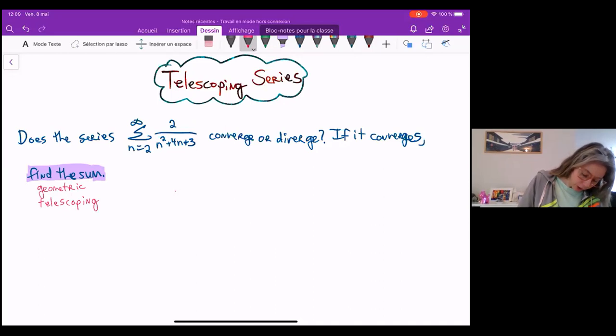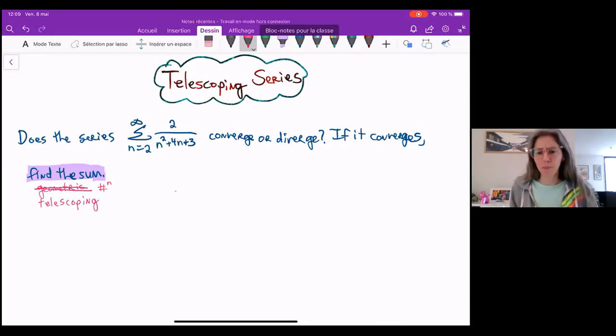Now this is clearly not geometric, because geometric is a number to the power of n. These are n's to the power of numbers, plus there are plus signs and constants, and well, the constants don't really matter, but this is clearly not a geometric series. So the fact that we're asked to find the sum in the case that it converges indicates that this might be telescoping.